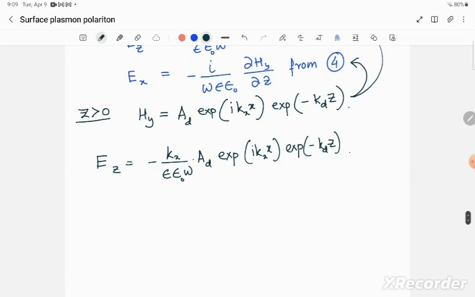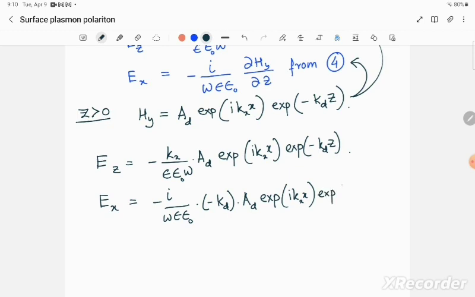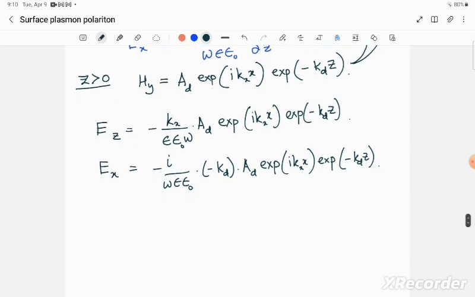And for Ex we have minus i omega epsilon naught, and a derivative of H with respect to z, which gives you another minus kd, and the rest is the same. Fine. So we'll end up with these three relations for z greater than 0.